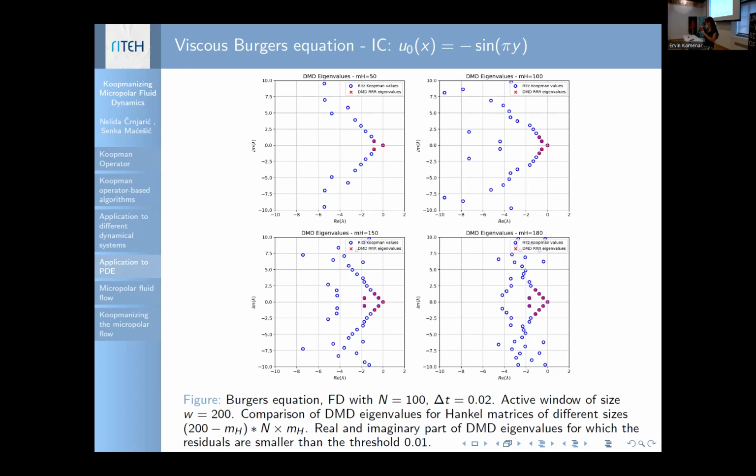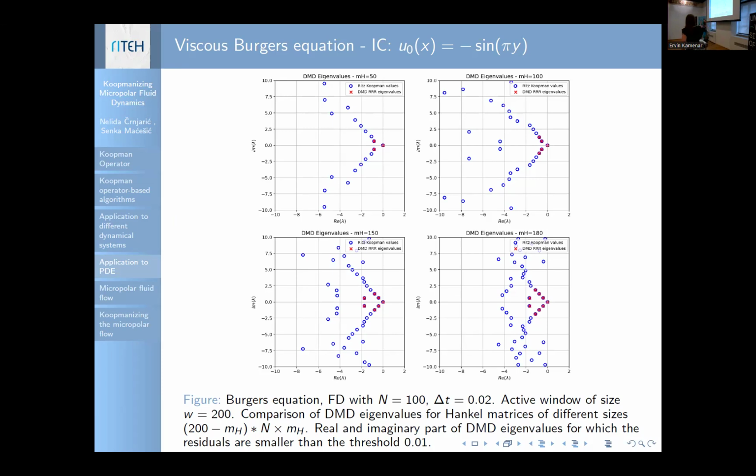So we rearrange the Hankel matrix in different numbers of columns and rows. We change the number of columns, and of course the number of rows will also change accordingly because the active window is always of the same size. We can see that the eigenvalues behave quite consistently. For a larger number of columns, of course, more eigenvalues are obtained.